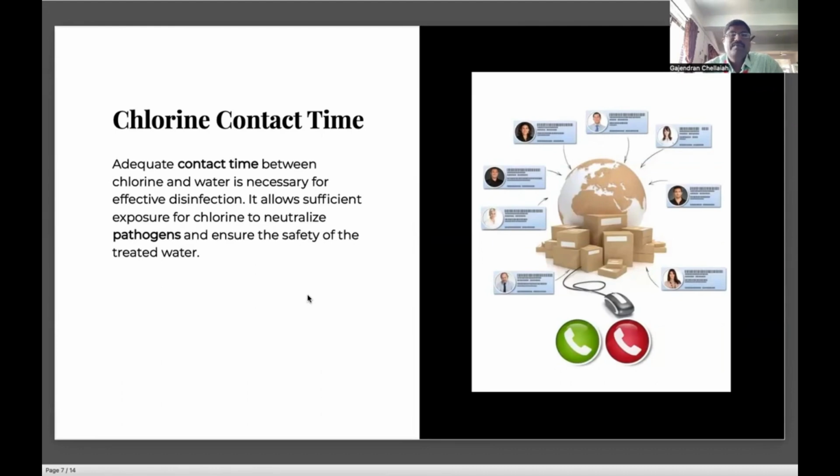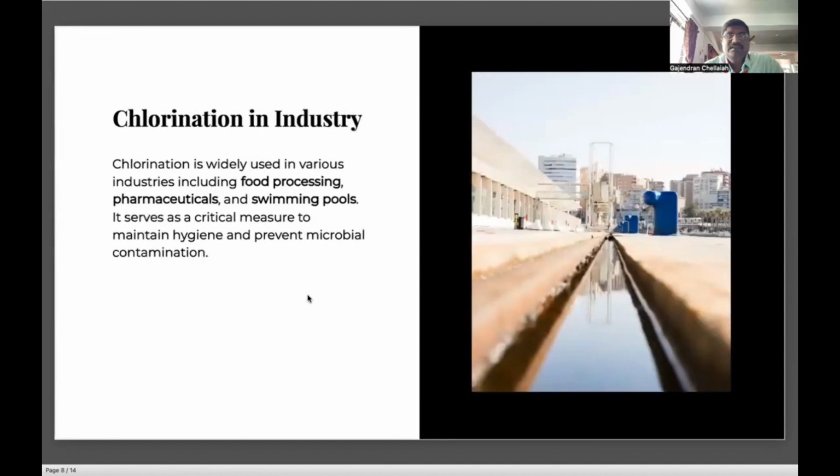The only challenge is that we spend more money and time to treat the water, but the end user, the consumer, should get the water in the standard manner, which will be very helpful for their health, not a question mark for their health.